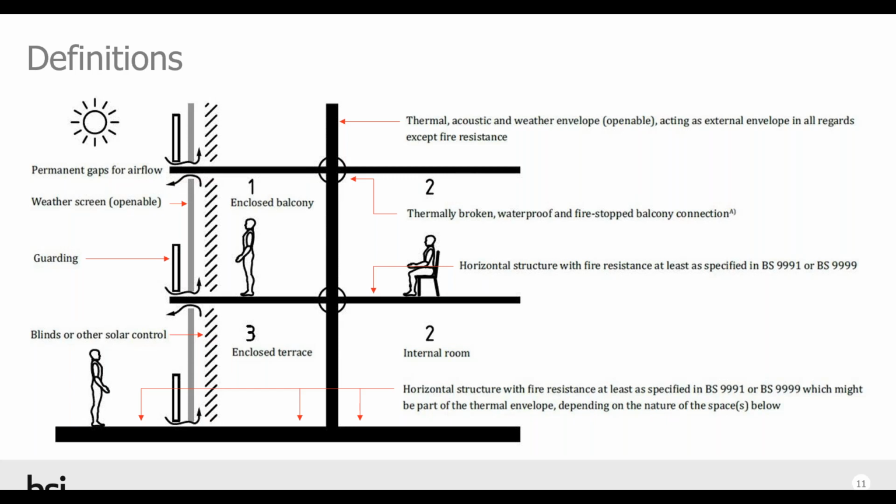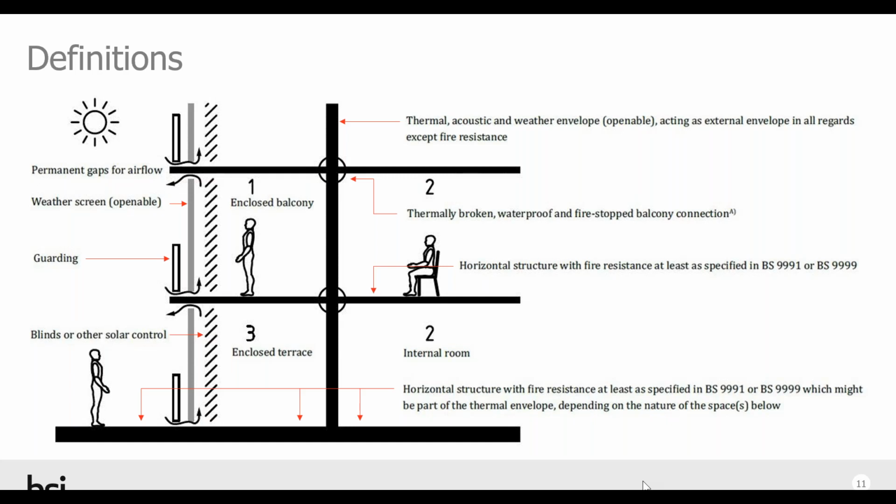And you'll notice that here there's a new concept, which is that of permanent gaps for airflow. And what this does is ensure that this space is deemed an exterior space, a genuine amenity space where you can go and dry washing, do exercise, have a smoke, whatever, the sort of activities which give the occupant that break from interior space, that essential connectivity with the exterior.